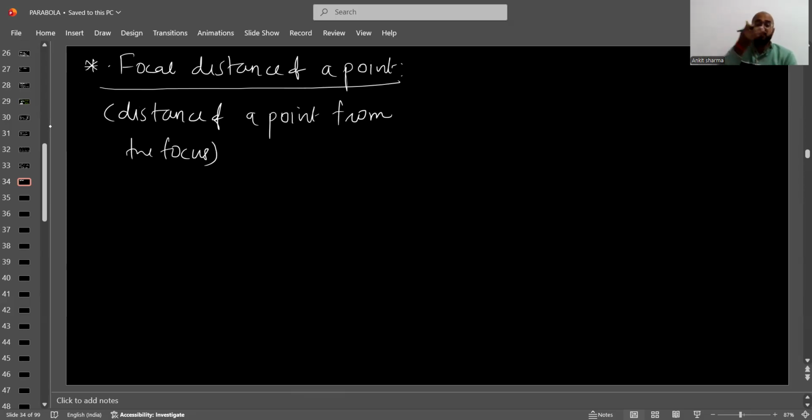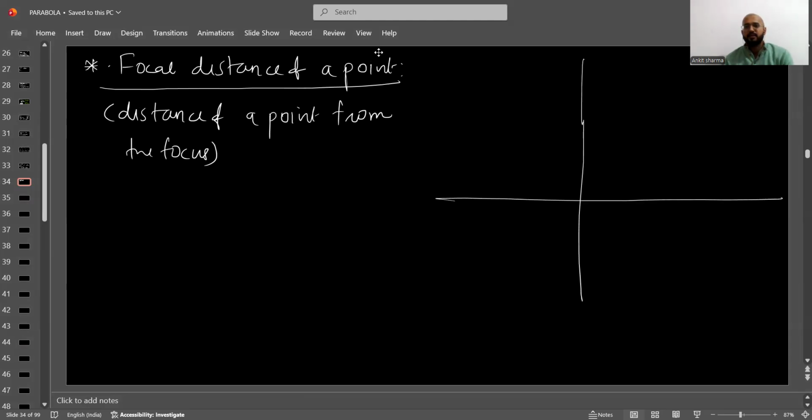We might feel that what's the problem here? Distance of a point from the focus. That means we can use the distance formula. Who would stop us? No one is going to stop you. Imagine I have a parabola here. So this is my y square is equal to 4ax.